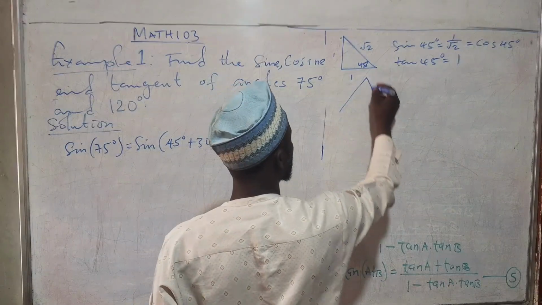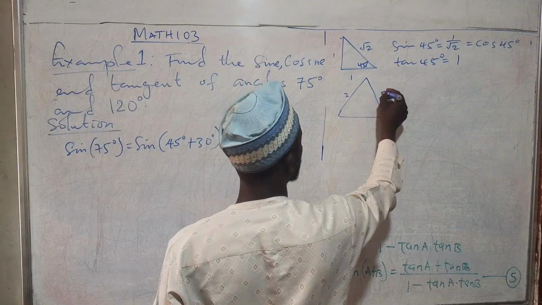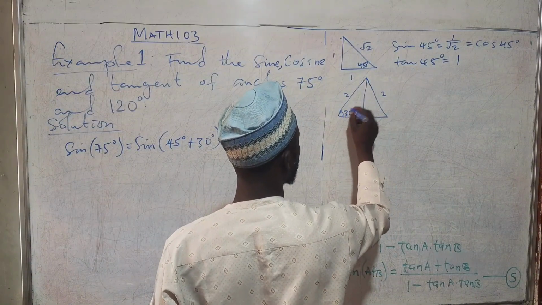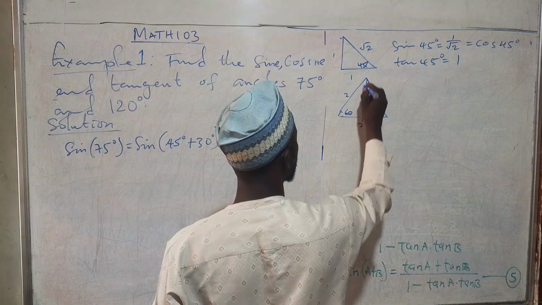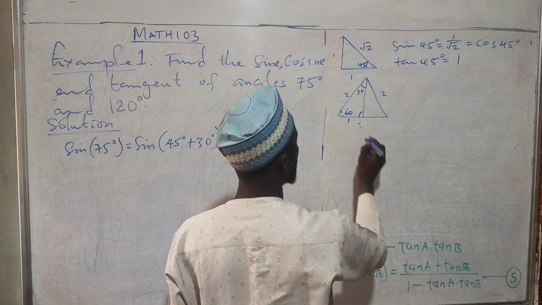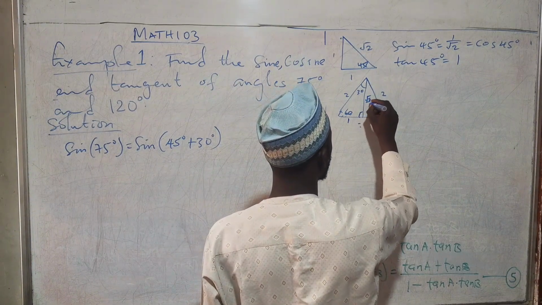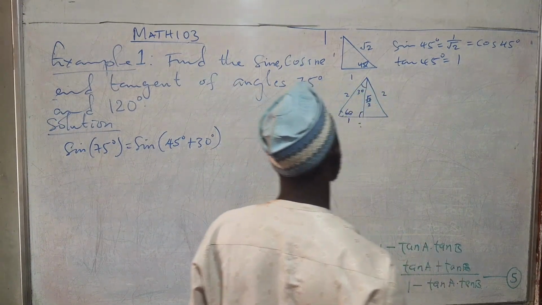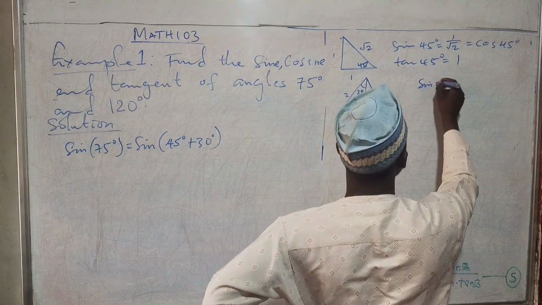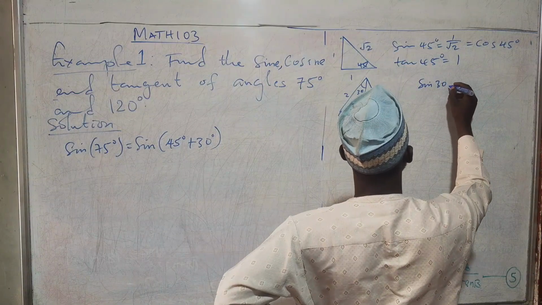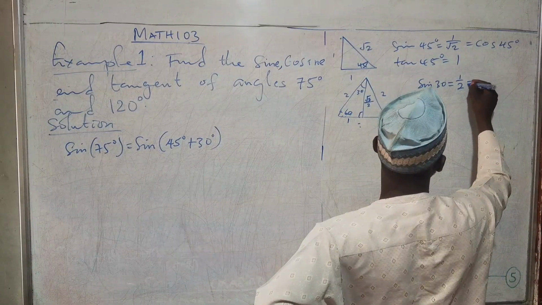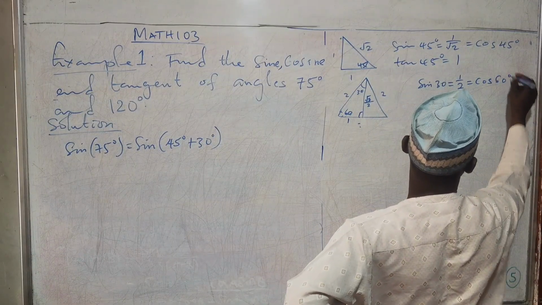So if you have 2, and you have 2 here, here you have 60, here you have 30, so here will be 1, and here will be root 3 over 2. So sine 30 is opposite over hypotenuse, which is 1 over 2, and that is equal to cos 60 degrees.